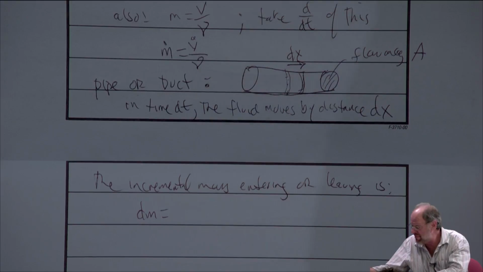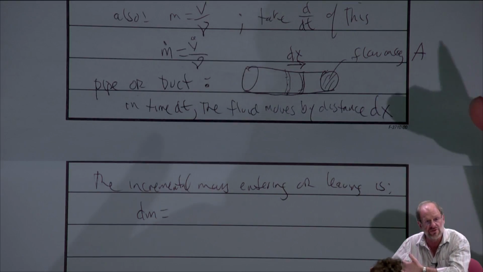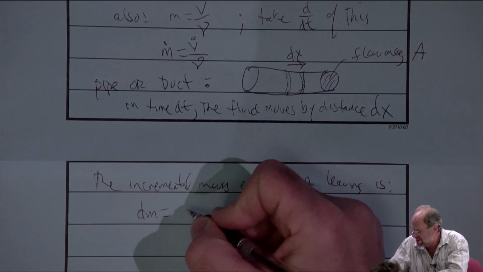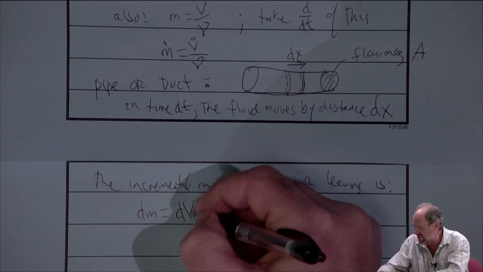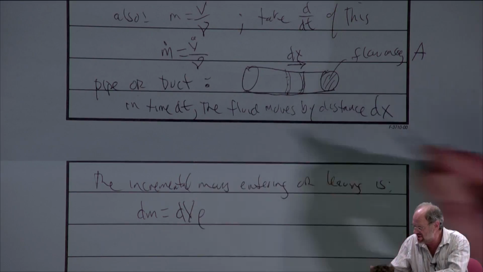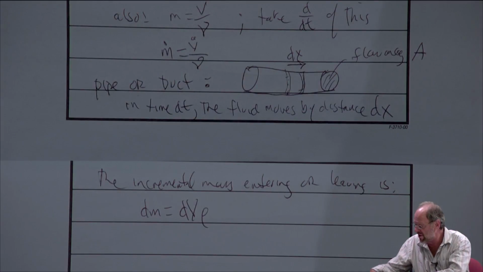And that mass is going to have a certain volume, and it's going to have a certain density, right? So it's going to have some incremental volume, let's say dV, and it's going to have a certain density associated with it. I'll just use density now, but I'll modify this to specific volume later.